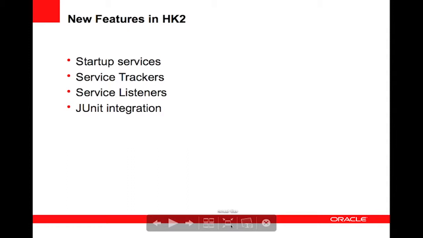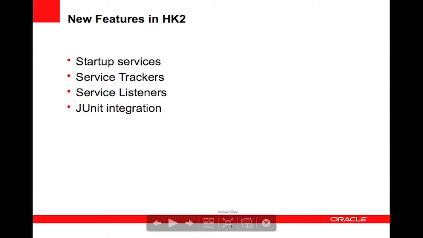HK2 has been used since version 3.0 in GlassFish, but it's going to be used also in the next version of WebLogic. That's to improve the ability for the two products to share code, and a number of features that HK2 was offering were interesting to the WebLogic team in any case.